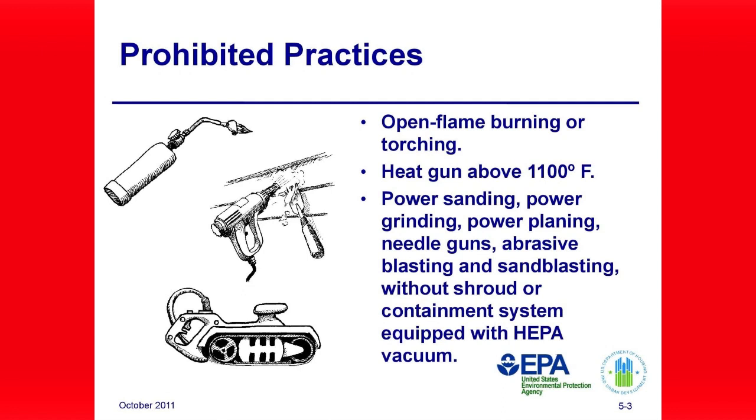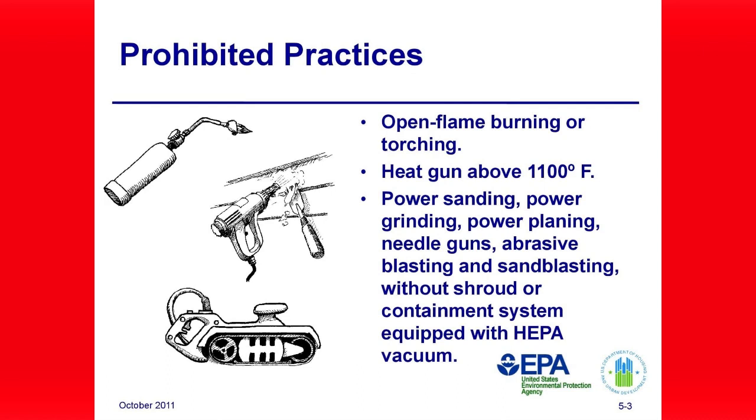The small leaded dust particles created by burning or heating also settle in surrounding surfaces and are very hard to clean up. Power sanding, power grinding, planing, needle guns, abrasive blasting, and sandblasting create large amounts of dust that float in the air and then settle on surfaces inside and outside of the work area.